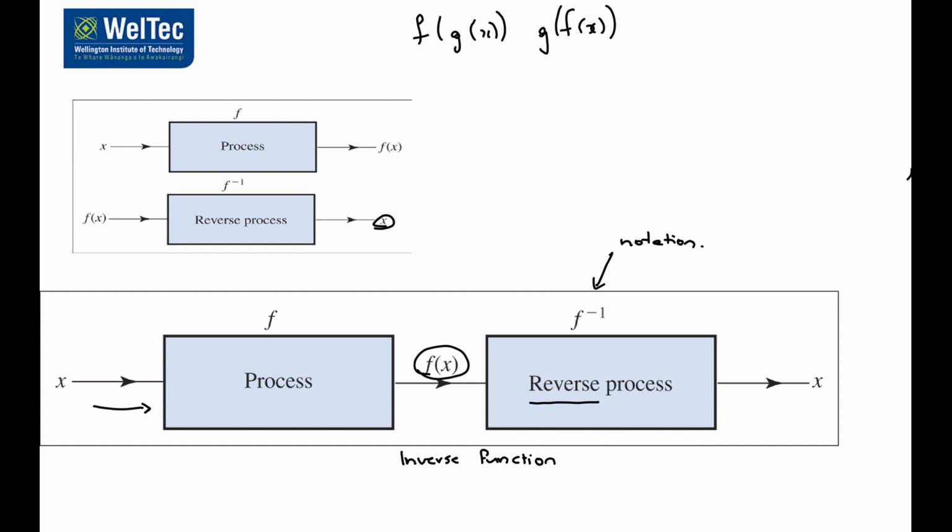Now, an inverse only exists if the result, what you get when you're looking for the inverse, is itself a function. So for a function to have an inverse, the result, which I'll show you how to find in a minute, must be a function.